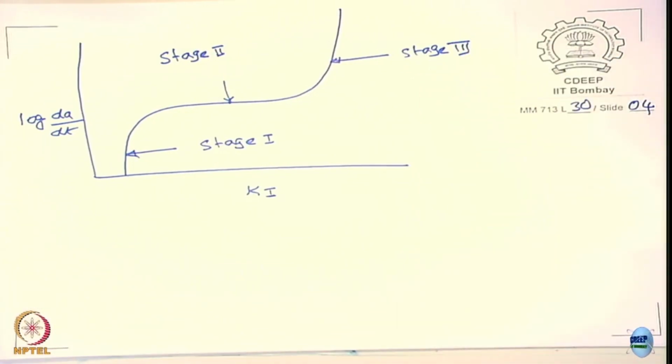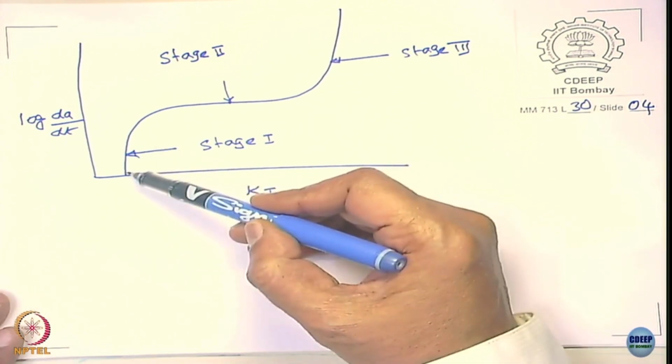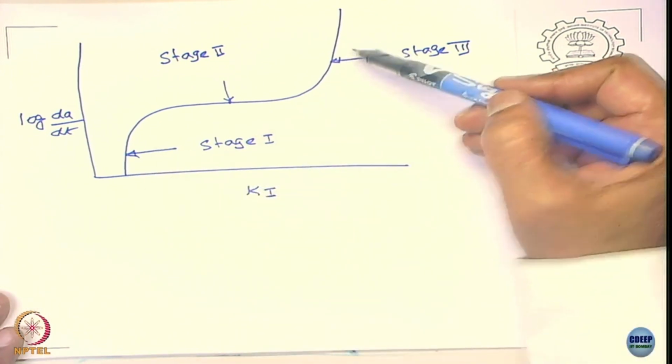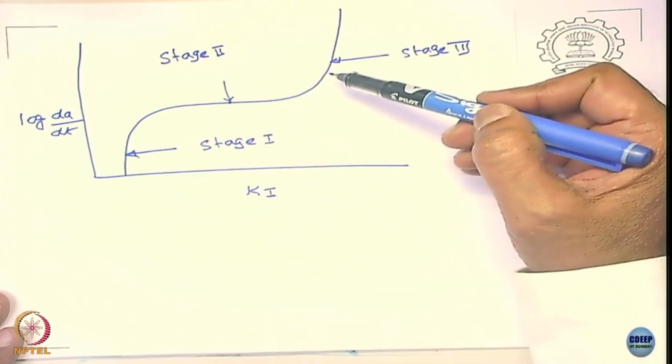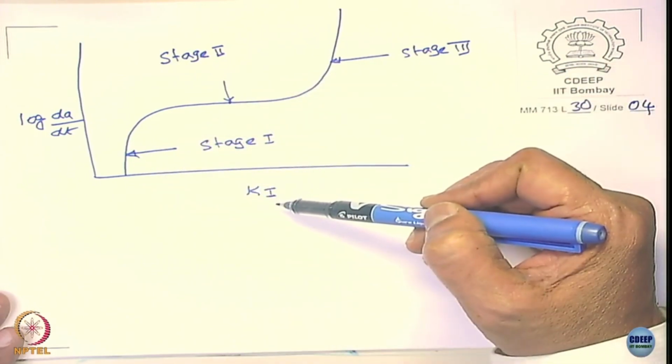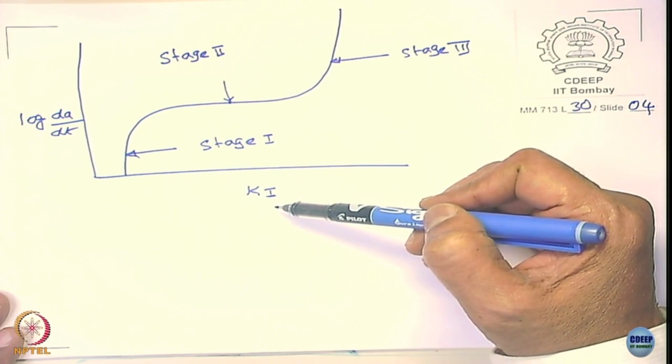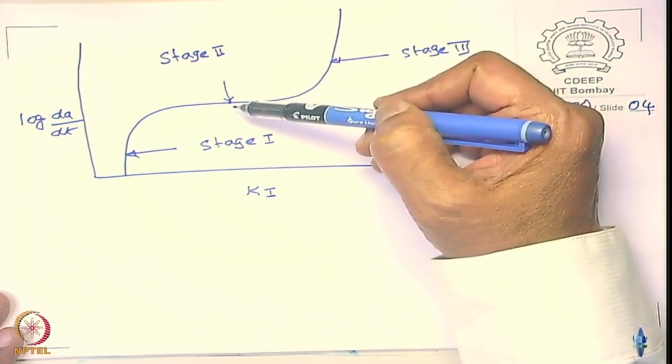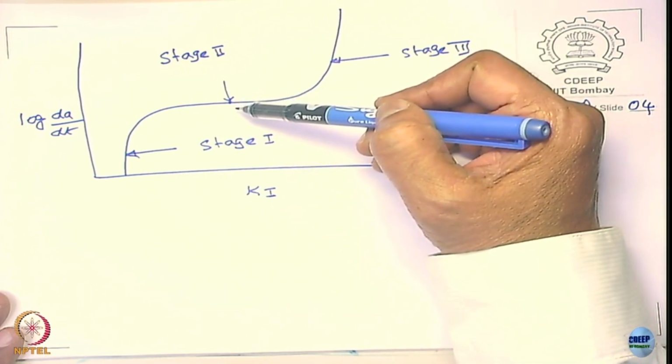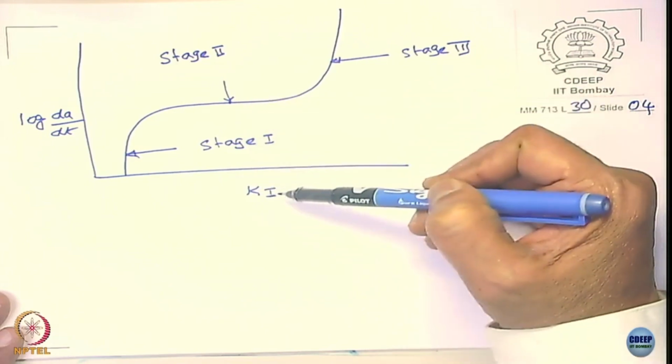What is special about it? The stage 1 and stage 3 crack growth rates depend upon the crack tip stress intensity, whereas the stage 2 does not depend on the crack tip stress intensity.